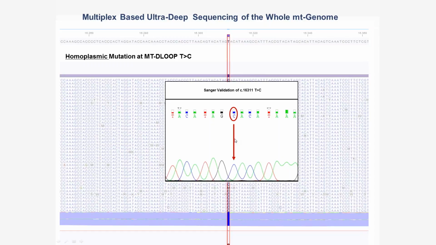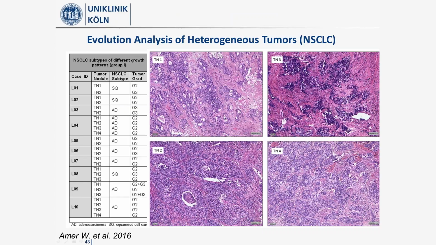In order to test the tumor tracking by the mitochondrial genome, we used DNA samples from different lesions of non-small cell lung cancer, and these lesions showed different tumor growth by histology.